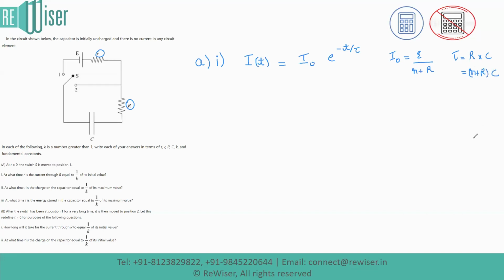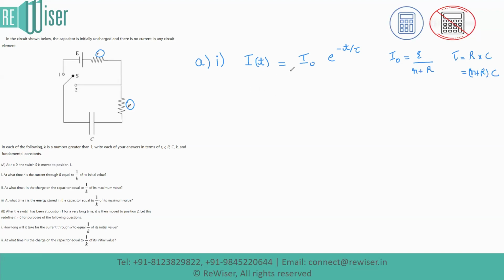That's it. Now, they say that at time t equal to 0, when the switch is moved to position 1, at what time instant is the current through the resistor R equal to 1 by K times the initial value. So the current I must be equal to 1 by K times the initial value.